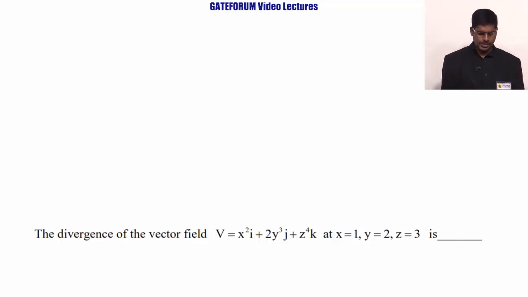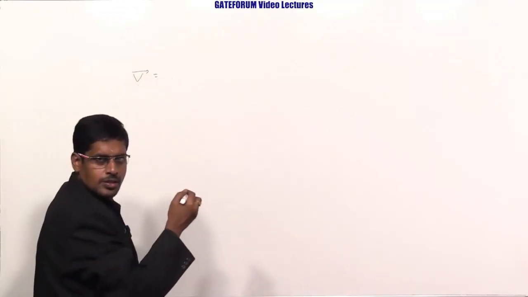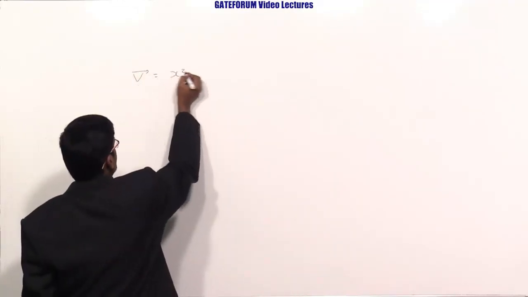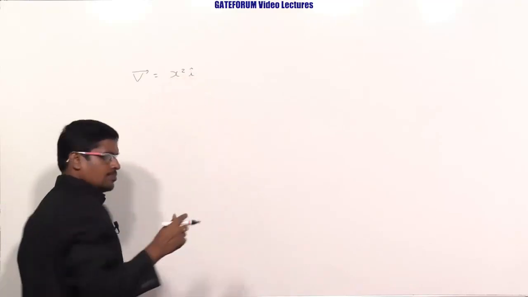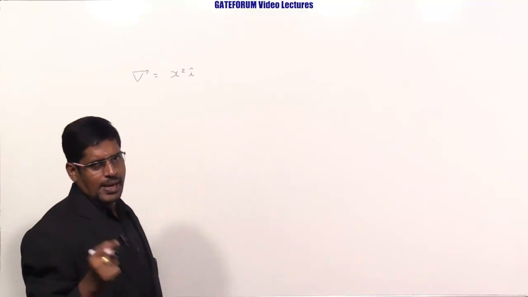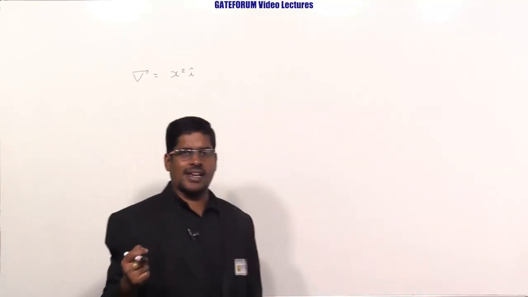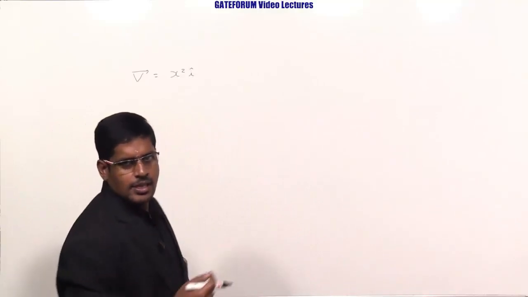The solution is, so the vector V bar is x square i cap plus 2y cube j cap plus z to the power 4 k cap. For convenience, we remember i, j, k as i cap, j cap, k cap, which are unit vectors along x axis, y axis, z axis respectively.